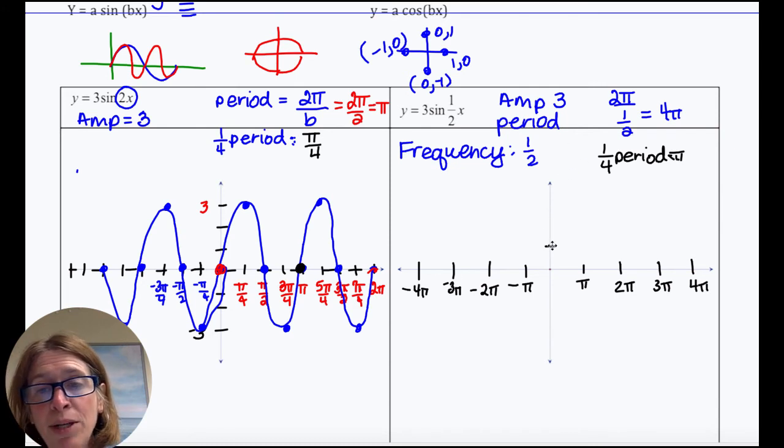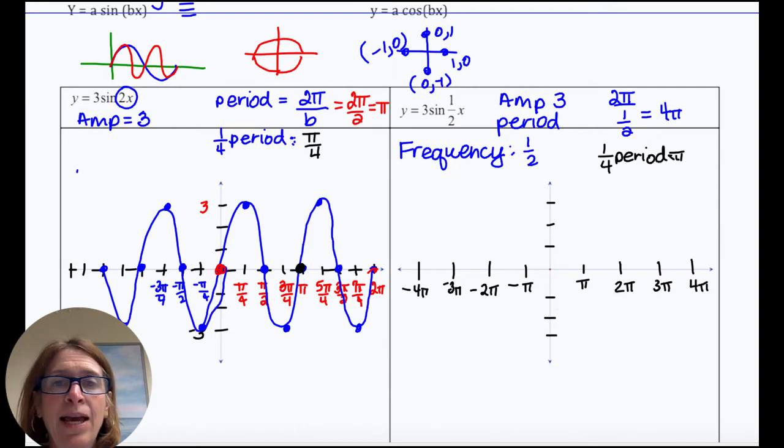Okay, then I'm going to go ahead and put in my amplitude, and sine, again, starts at 0. So then I'm going to go up to 3 at pi. And then at 2 pi, I'll be back to 0. So you can see that's actually the period.